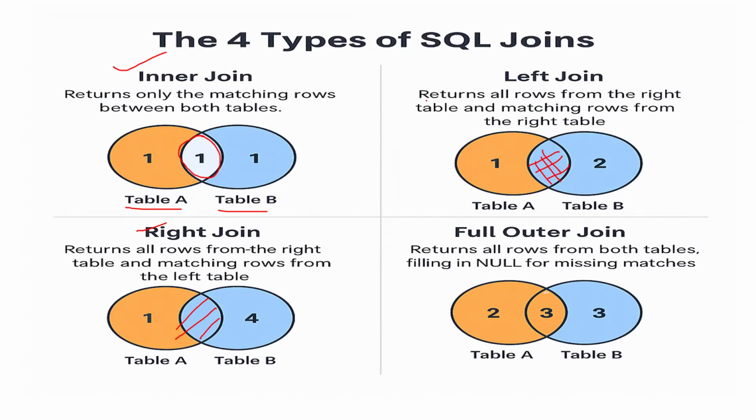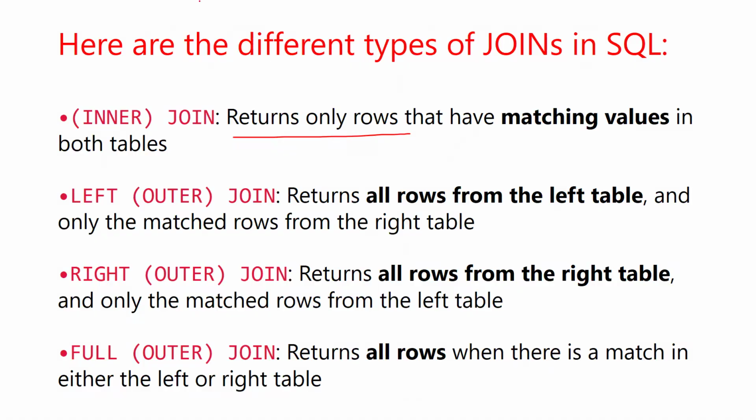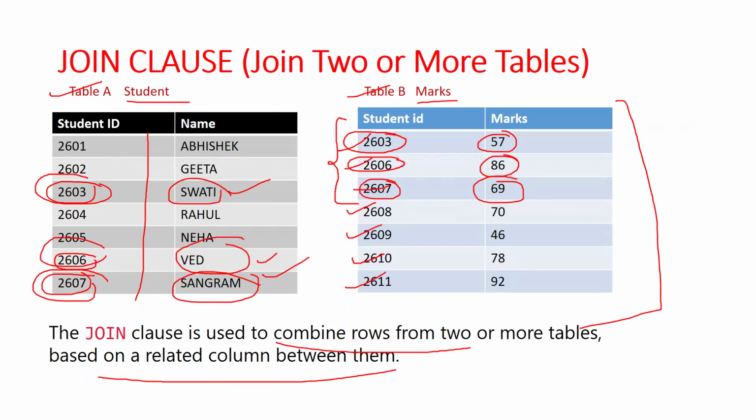Where it is null, I will show you. Let's say this is the table, and we are talking about full outer join. So all the entries from this table as well as all the entries from this table. It will take the 2608 entry also. It is reflecting 2608 entry, 2609 entry, 2610, etc. So there are no names available in table A, so that would show null.